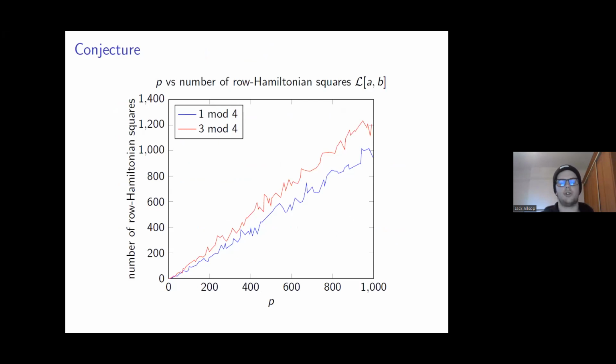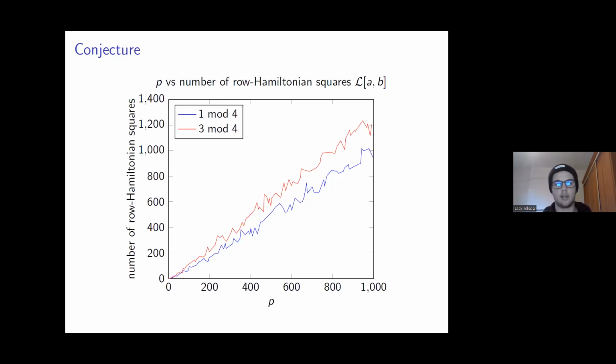Here's a plot which shows the number of Row-Hamiltonian Latin squares of this type versus P. And you can see that the number of squares seems to grow linearly with P. You get slightly different growth in the case where you're 1 mod 4 and 3 mod 4, but that's to be expected because we saw that the lemma, which characterizes when these Latin squares are Row-Hamiltonian, in the 3 mod 4 case, you only need to check 1 row permutation, whereas in the 1 mod 4 case, you have to check 2.